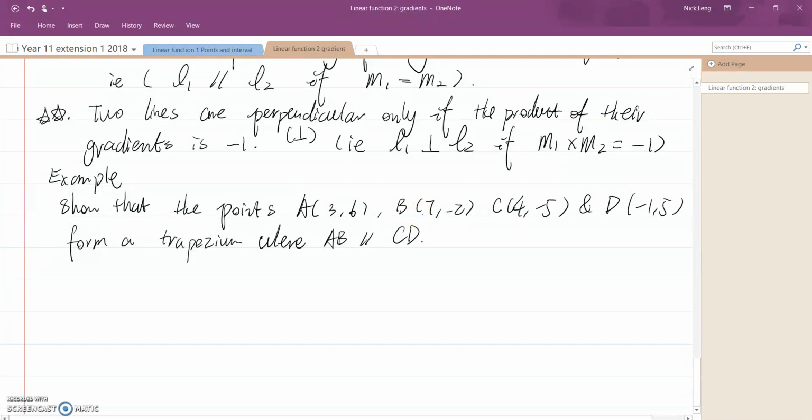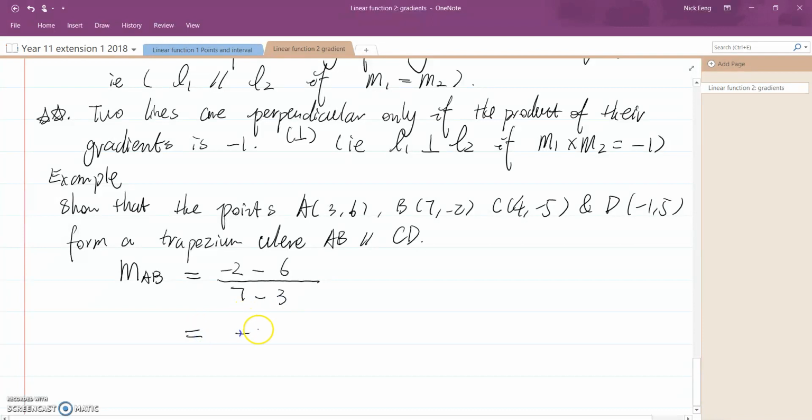In other words, you have to show the result, the gradient of AB equals the gradient of CD. So the gradient of AB equals, remember here is given the coordinates, so therefore use y2 minus y1 over x2 minus x1.